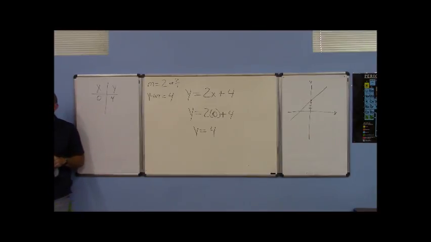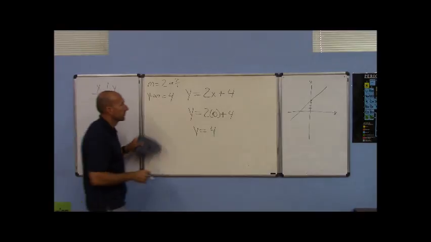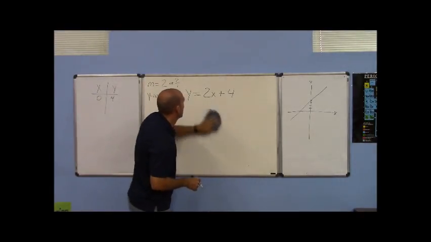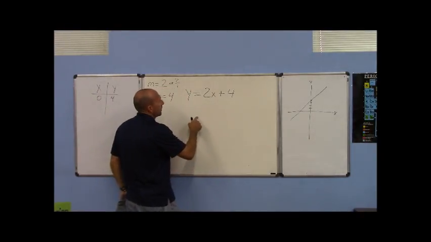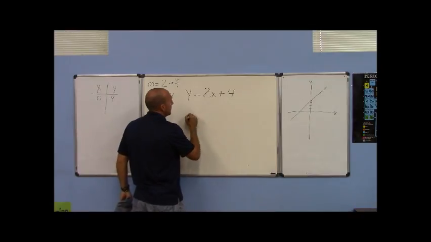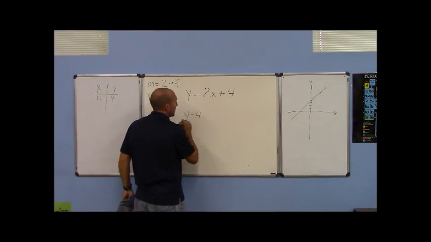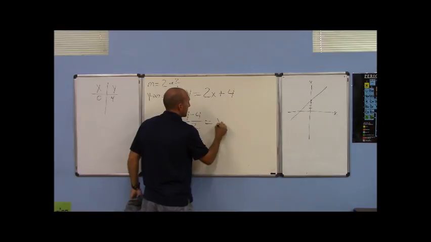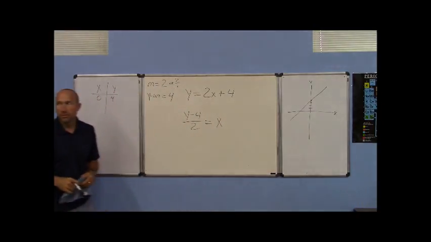What's the first thing you would do? You change the equation to equal x. Okay, so we can do that. So we will do y minus 4 over 2 equals x. Okay, so we've done that.